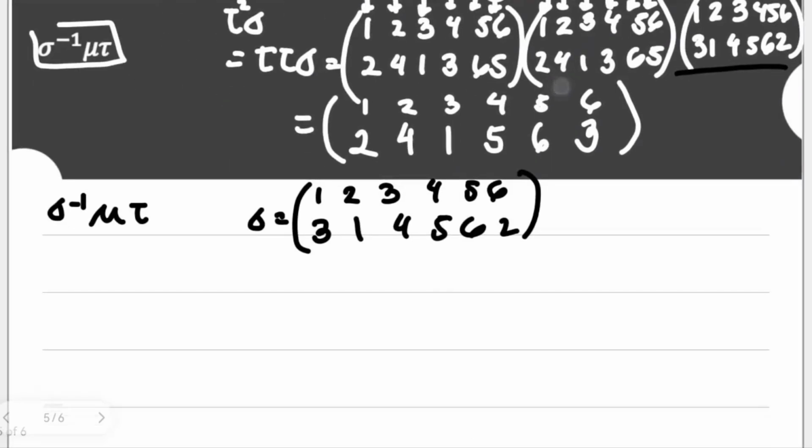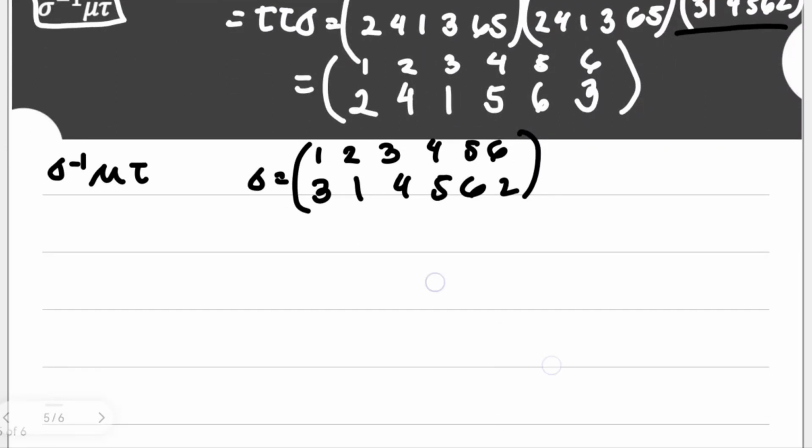Okay. So how do we show the inverse of sigma? Now, we know that the product of a certain permutation to its inverse is actually equal to an identity, because the set containing all permutations is considered a group. In short, there exists the idea of inverse such that sigma times its inverse is equal to your identity.